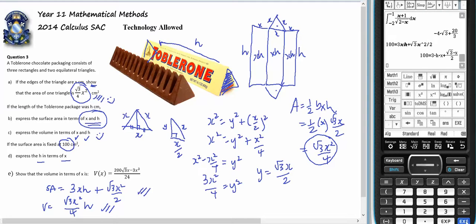Always double check, press XE, make sure that what you want is actually what you've got. Now I need to solve that for h.